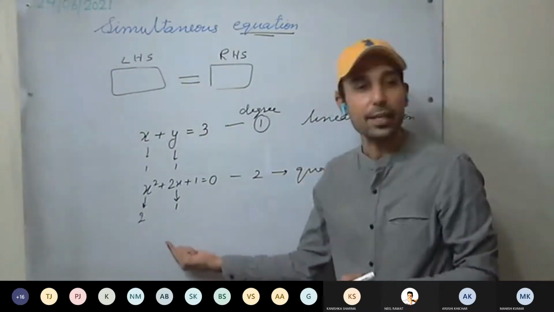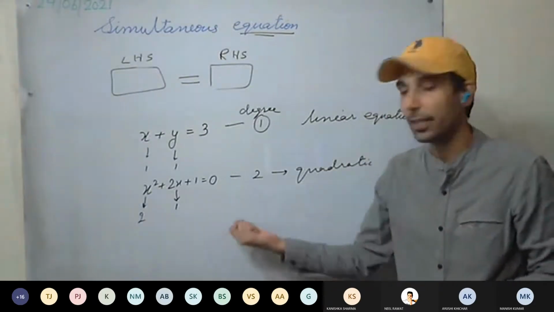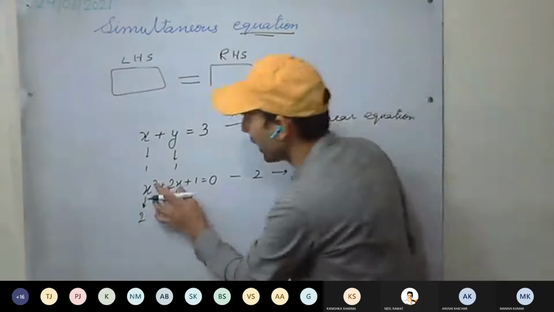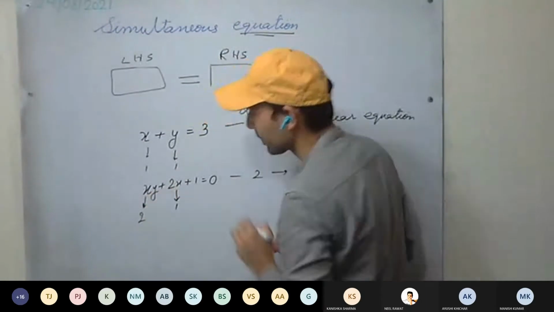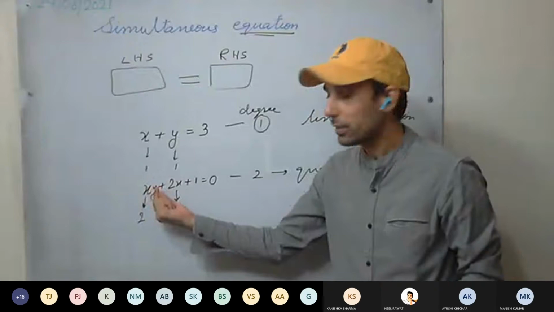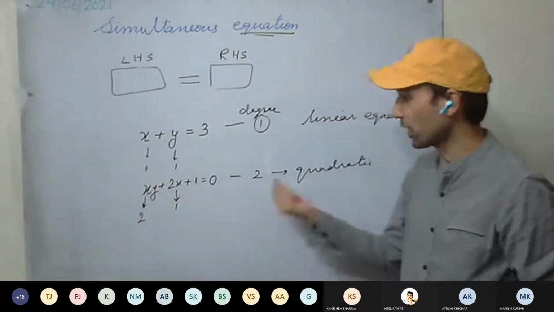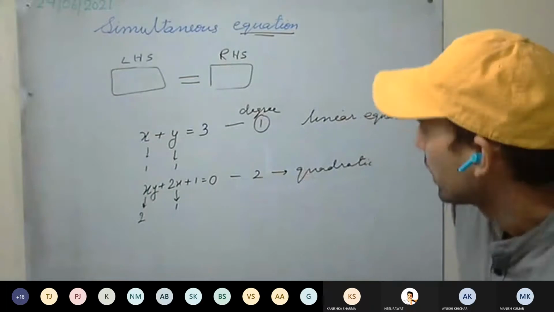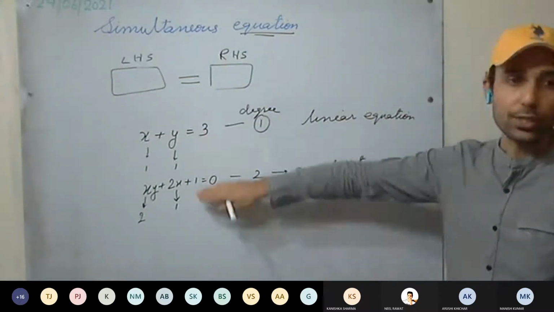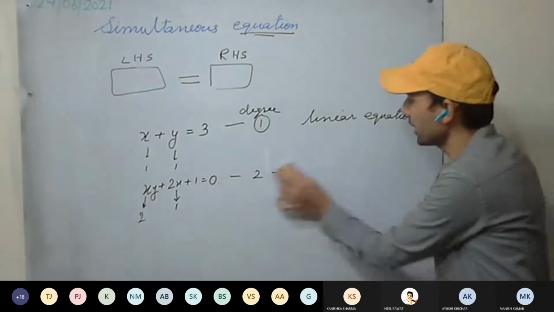Similarly, if the highest power in an equation is 3, that will be called cubic. Or it can be like this as well. So the highest power is x raised to power 1, y raised to power 1, 1 plus 1, 2. So the highest power is 2. It's a quadratic equation. Okay, this is clear. Based on the degrees, linear equation, quadratic, cubic, etc.